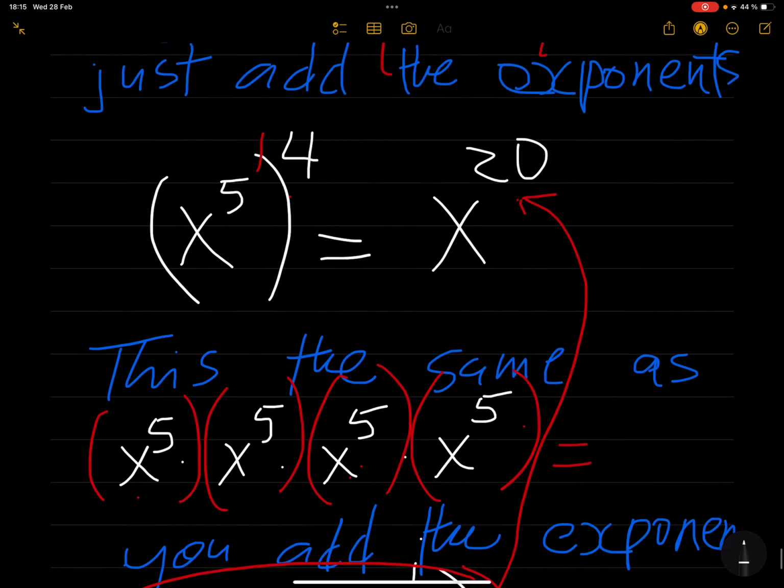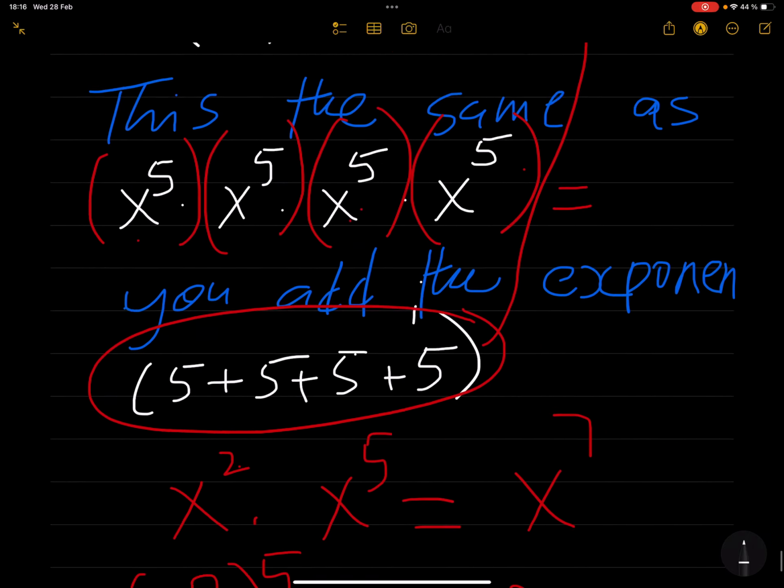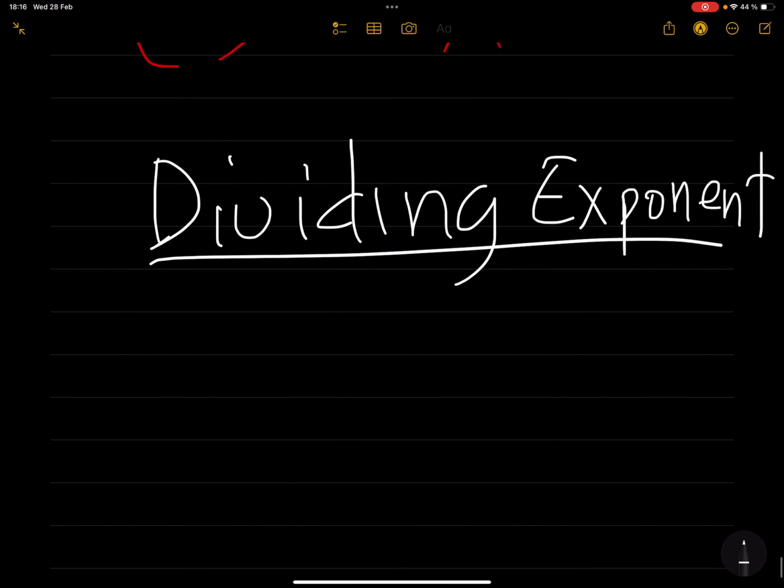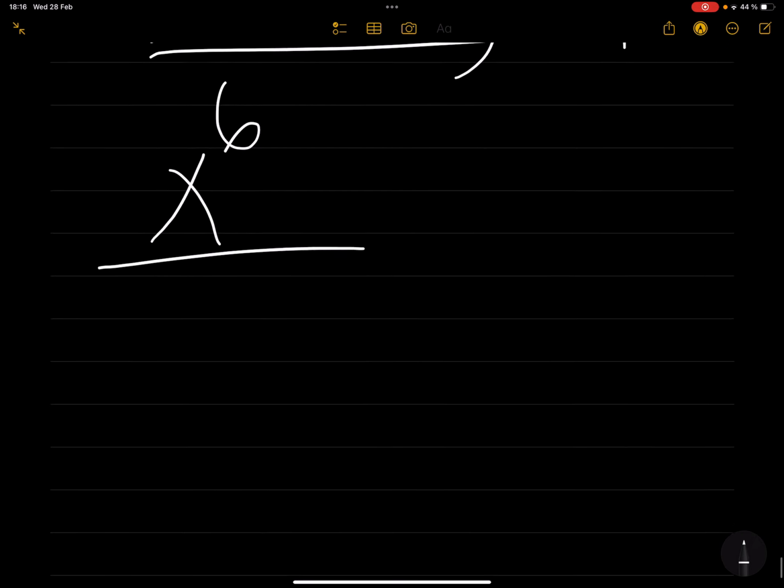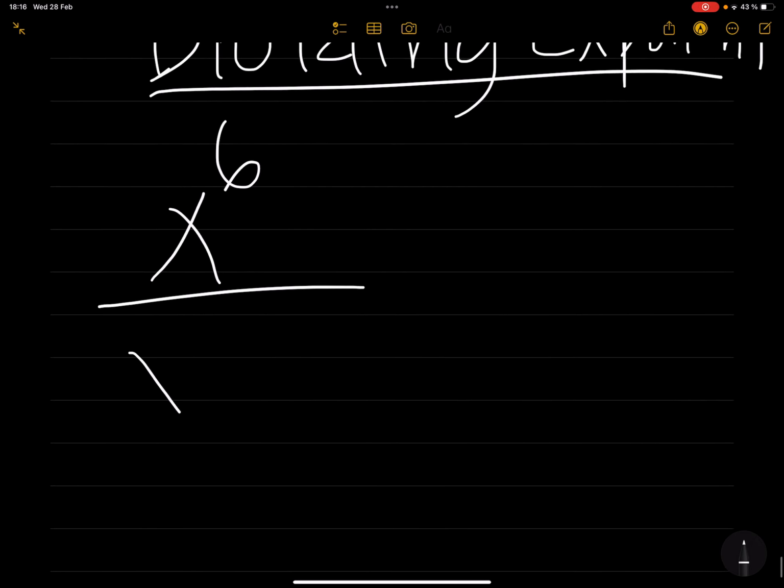In division also, if the bases are the same, say for example we have x to the 6 divided by x to the 3. Here again the bases are the same. The base here is x, the base here is x.